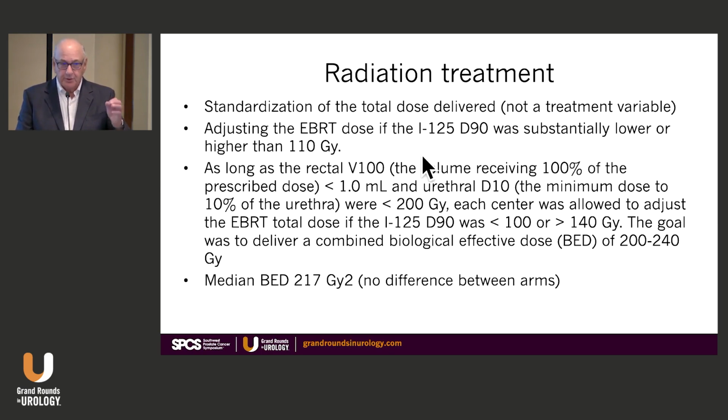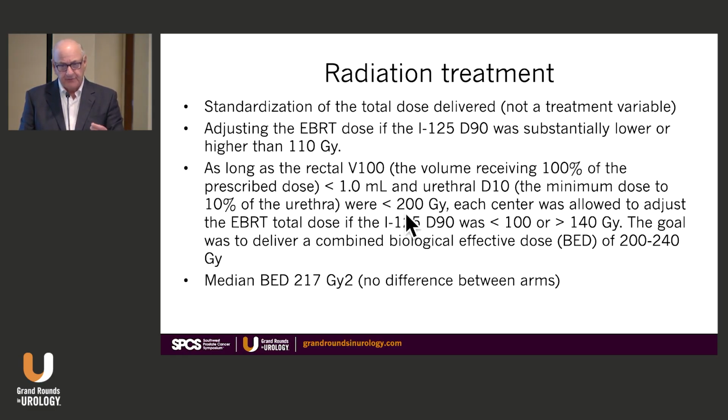So what we put into the protocol, and this took a lot of discussion, was that if the post-implant D90, based on the post-implant dosimetry, not the prescription dose, was substantially lower or higher than 110 gray, we allowed the centers to adjust the external beam dose so the final BED was going to be as close to 220 as possible.